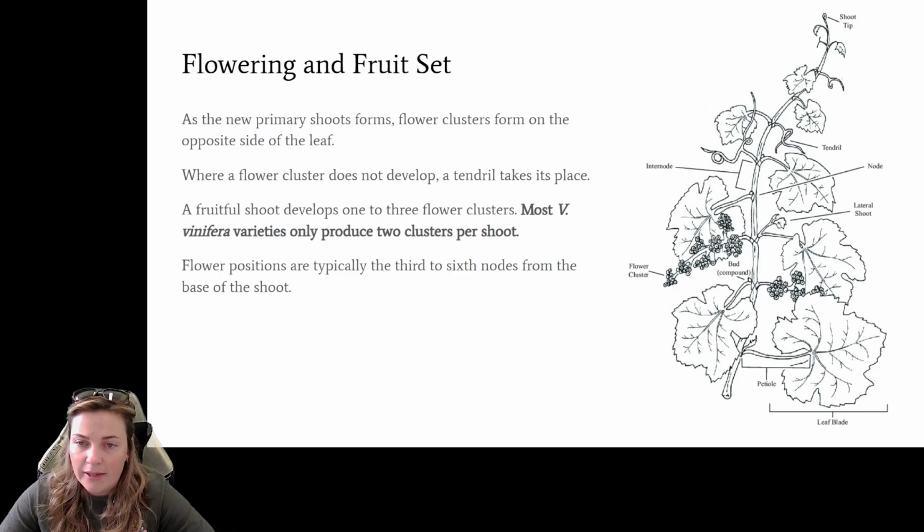This is the dormant bud. Then we have another inflorescence of flowers up here, directly across from the leaf. We have a lateral shoot blooming, and then we have nodes, and then across we have tendrils as well, right? So it's either going to be a flower cluster, which will be a fruit cluster eventually, or a tendril, right?